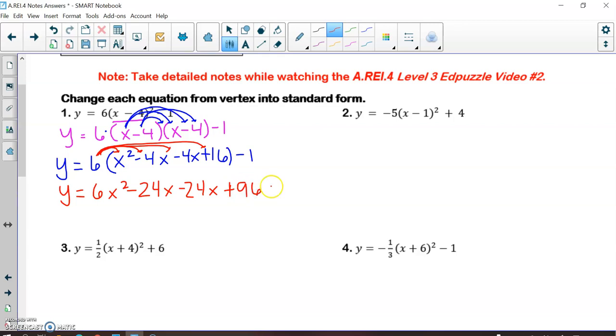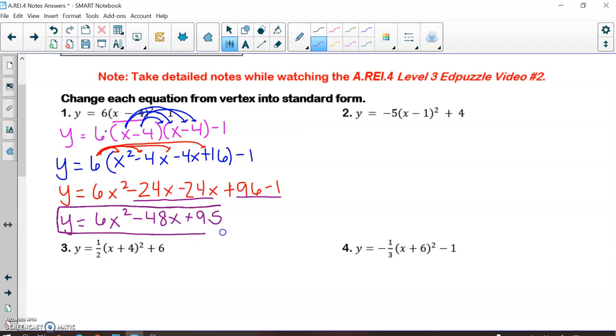And then I have this minus 1 on the end. Lastly, combining like terms, I have y is equal to 6x squared. A negative 24 minus a 24x is going to be a minus 48x. And then 96 minus 1 is going to be 95. And now this is in standard form from vertex form.